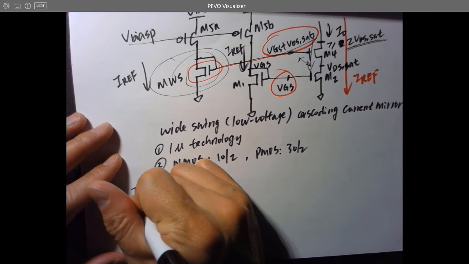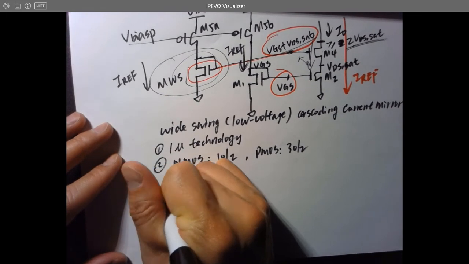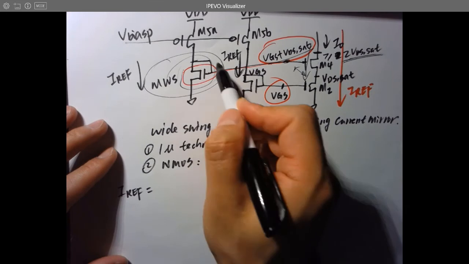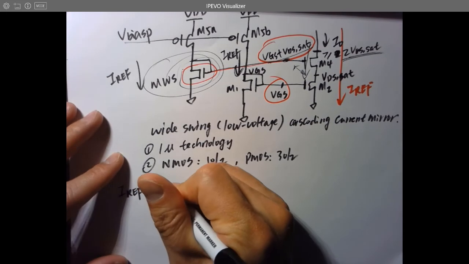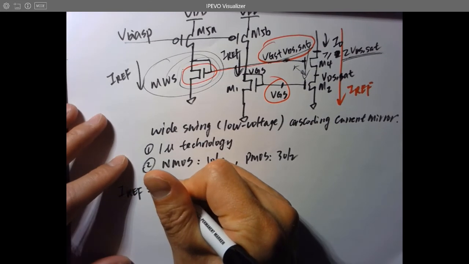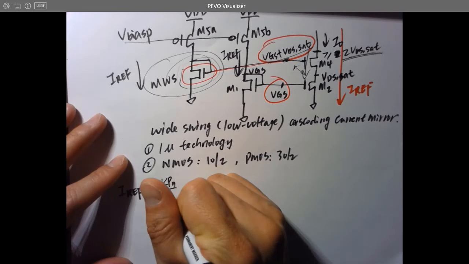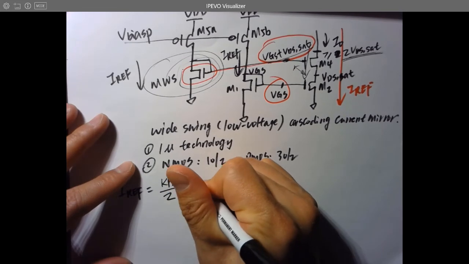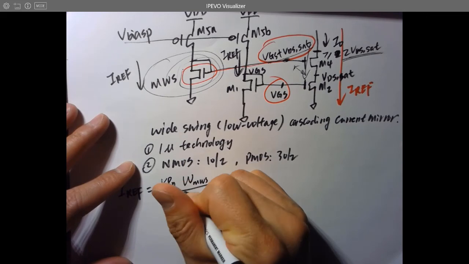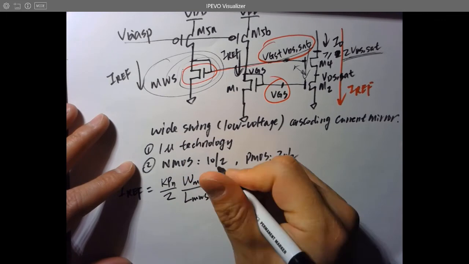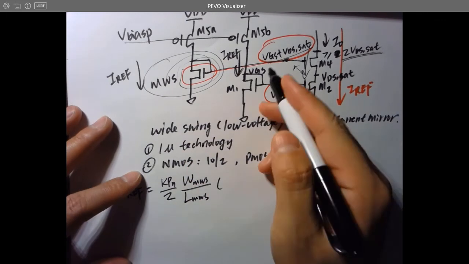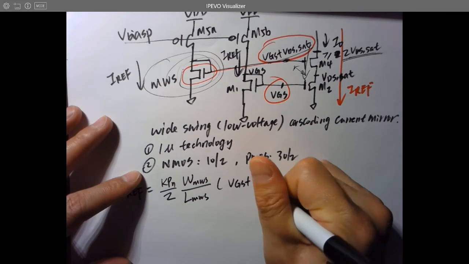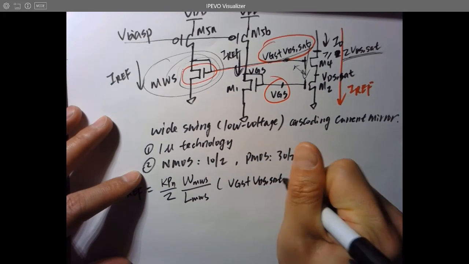So IREF equals, we are looking at this NMOS transistor, equals KPN over 2 times the width of the MWS over the length of MWS, and what is the VGS? The VGS over here is VGS plus VDS set.